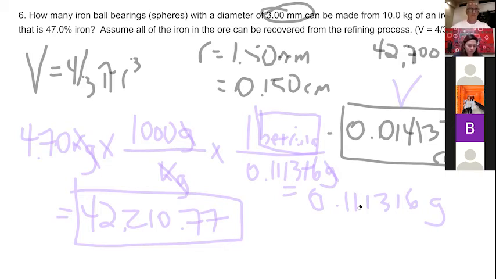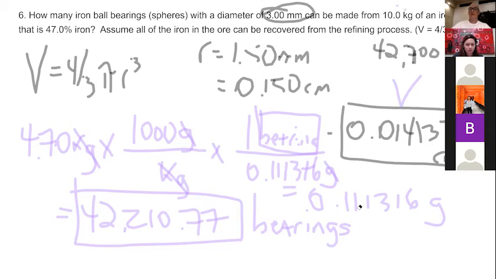But either way, how many significant digits? So that's the number of bearings, so our unit is now bearings. How many significant digits should we have in our answer? 3, right.